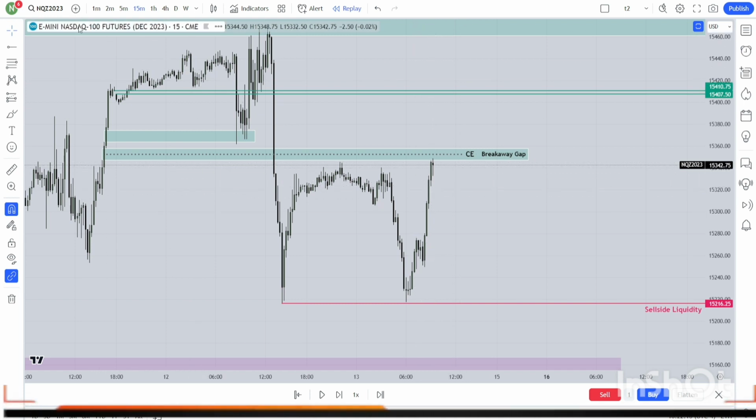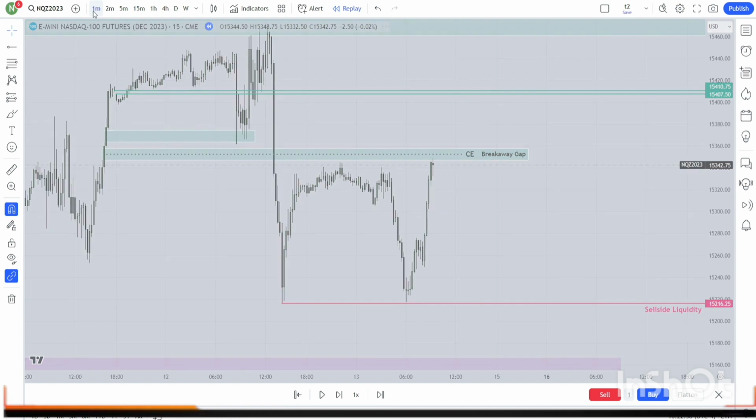This is the 15-minute chart, and I will go to the 1-minute chart. Just remember this gap from the 15-minute chart. This was the breakaway gap from previous price action. If you watch the previous two videos, you will know how to mark this gap, and that will be really helpful for you. So please check that out.